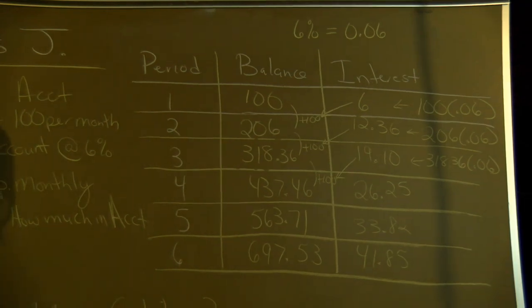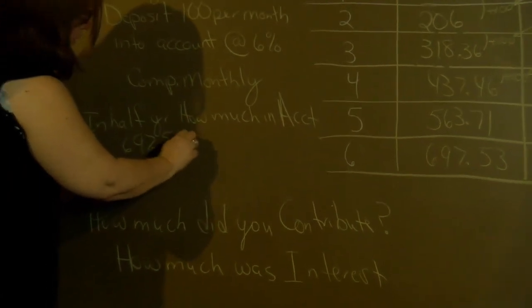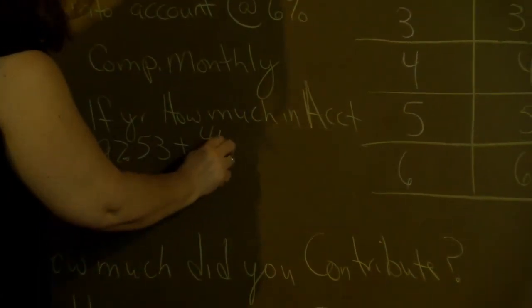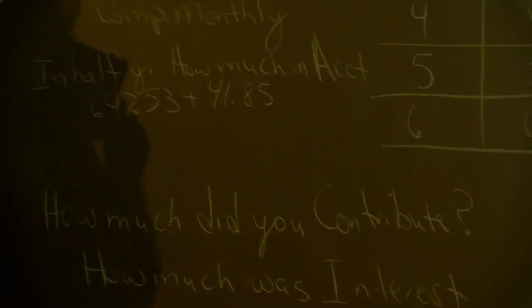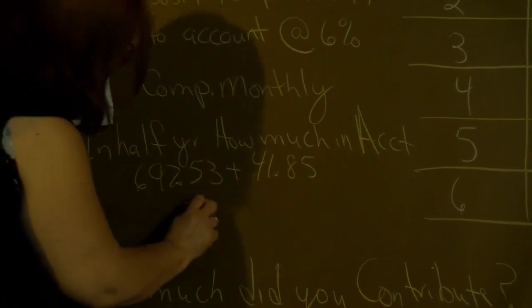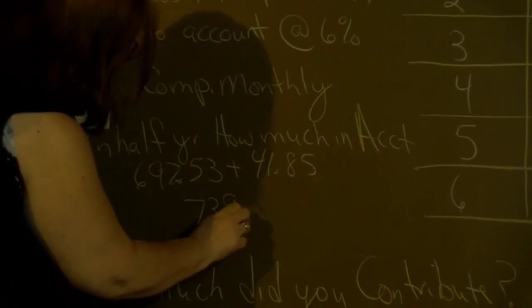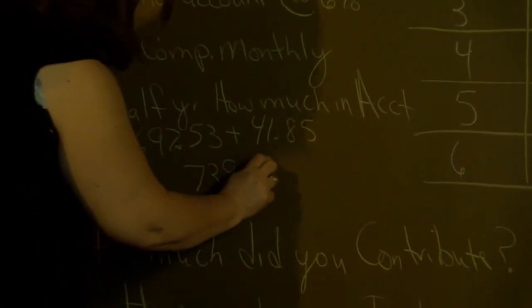So we take our balance, $697.53, plus the interest that we made that month. And that will tell us how much we made. And in this case, we made $739 and 38 cents.